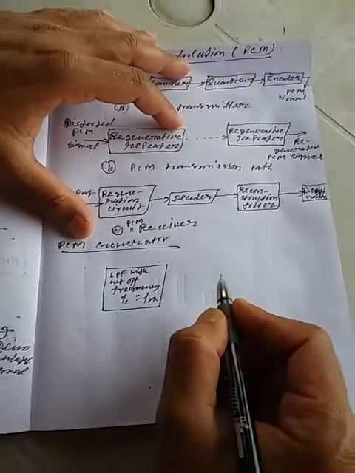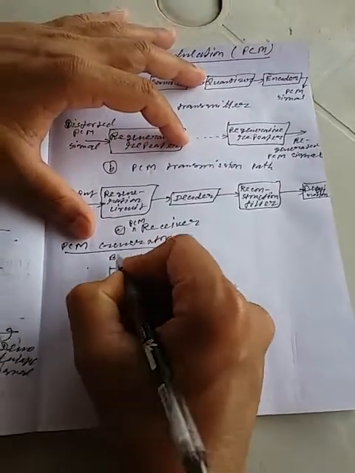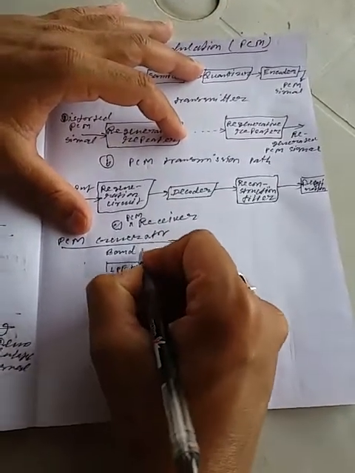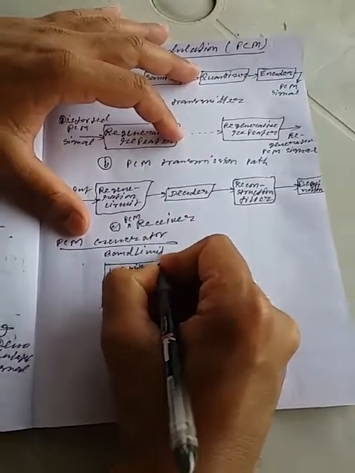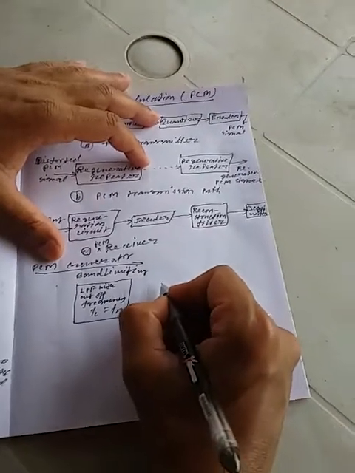So this is the low pass filter. After that, so this is a band limited low pass filter. Okay, after that, sample and hold circuit.